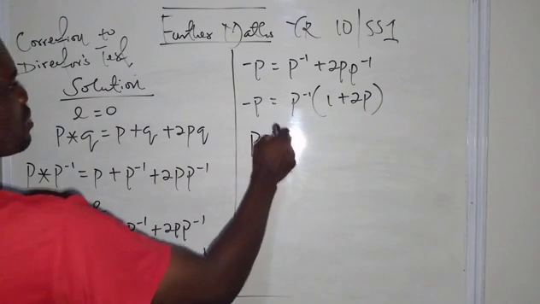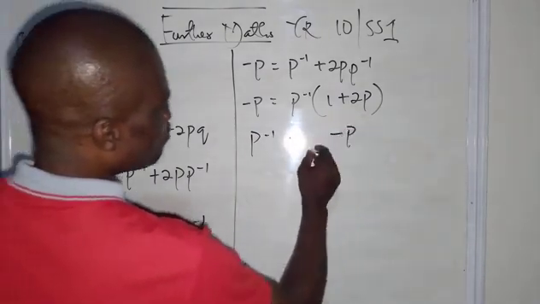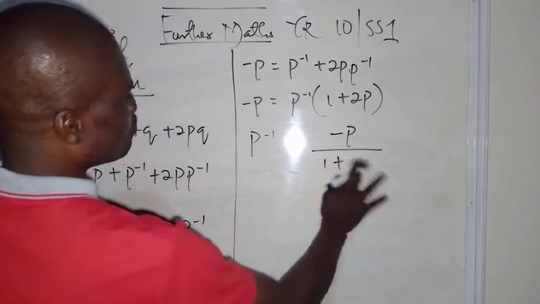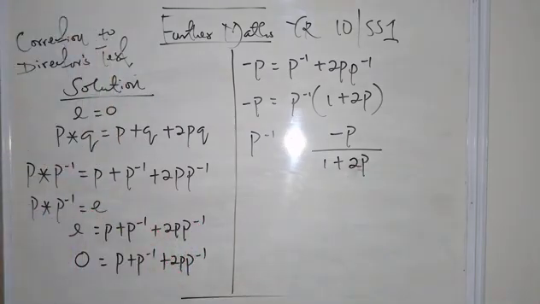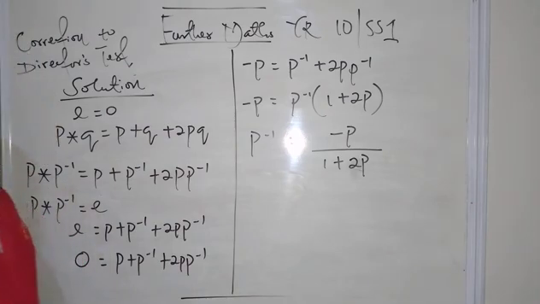So P inverse, as the subject of the formula, will give us minus P over 1 plus 2P. So that is the inverse element in terms of P. And that answers the first question.